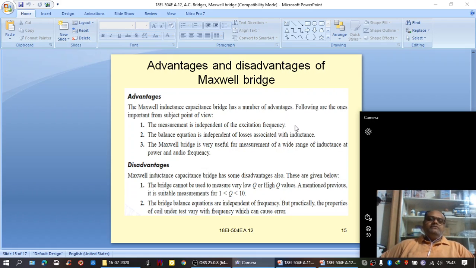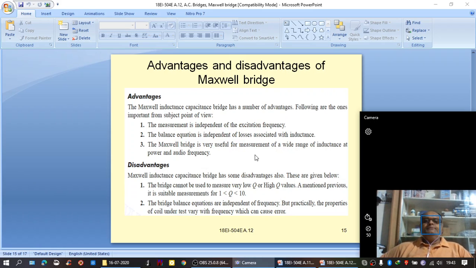If any one of the terms for Rx or Cx consisted of omega, then it would be difficult to calculate the value of either, because it would be dependent on frequency, and frequency is variable. So using Maxwell bridge, the main advantage is that the measurement is independent of excitation frequency.